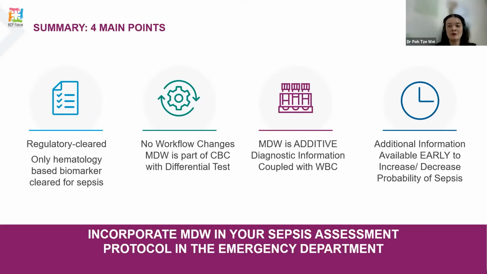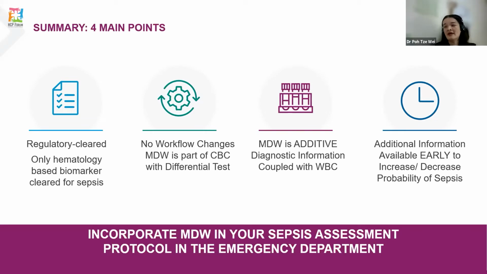I've shared with you the example of that particular hospital's protocol where they put MDW as part of a screening protocol within the first 30 minutes of patient admission to the emergency department. So in that sense, there is really no workflow change, because MDW is part of the CBC differential test. There's no need to order an additional test or to add another test onto the ordering form.